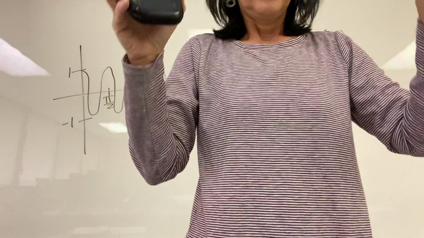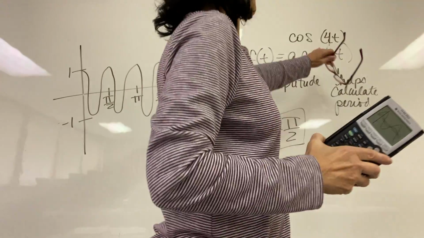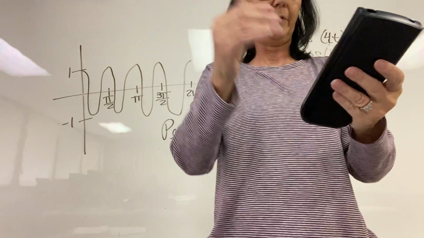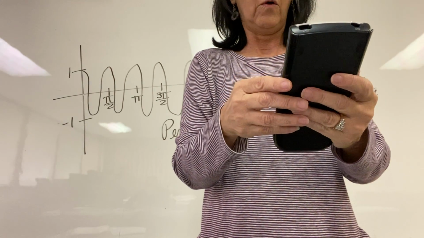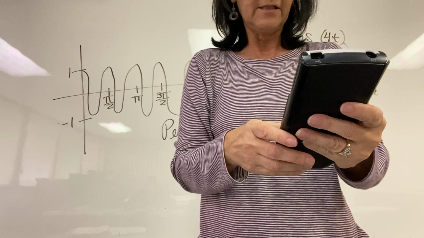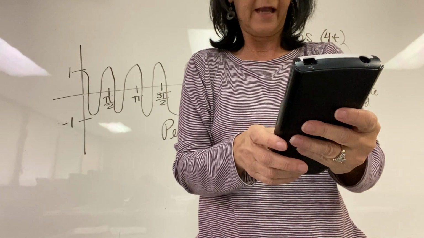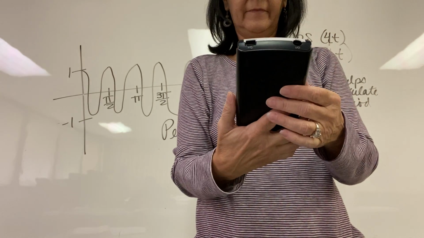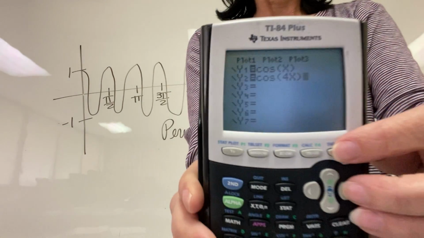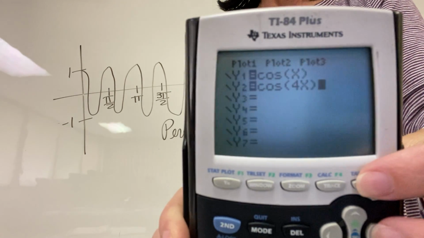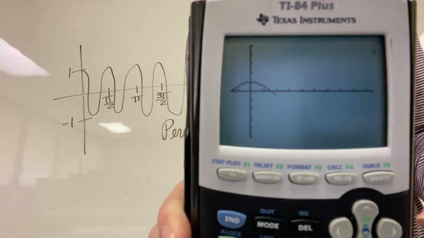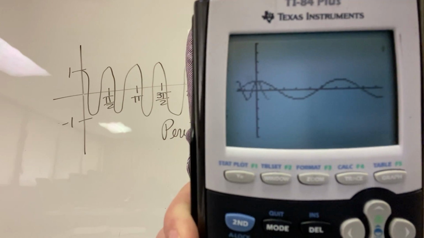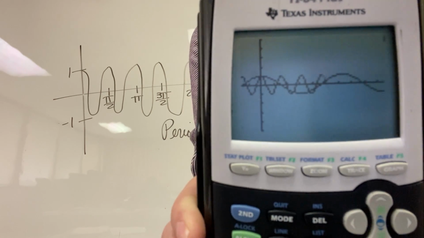All right, so now let's go back and put this in y sub 2 and compare it. So we've seen the amplitude. Now go back to y equals, clear out y sub 2, and now we're going to do the cosine of 4x. And then graph it. So the first one graphs, you see one complete cycle, but the second one, you're just 1, 2, 3, 4.